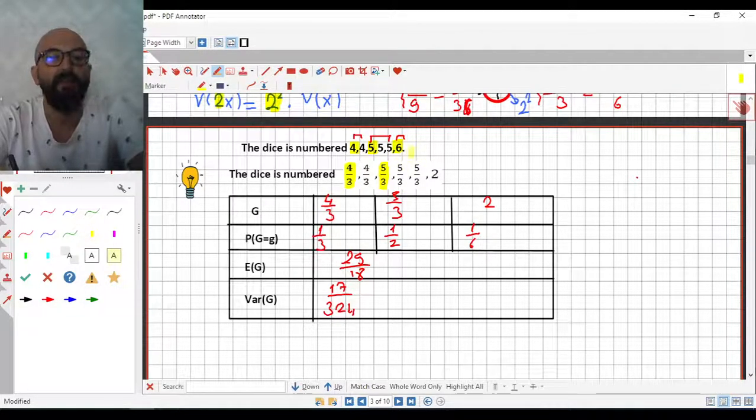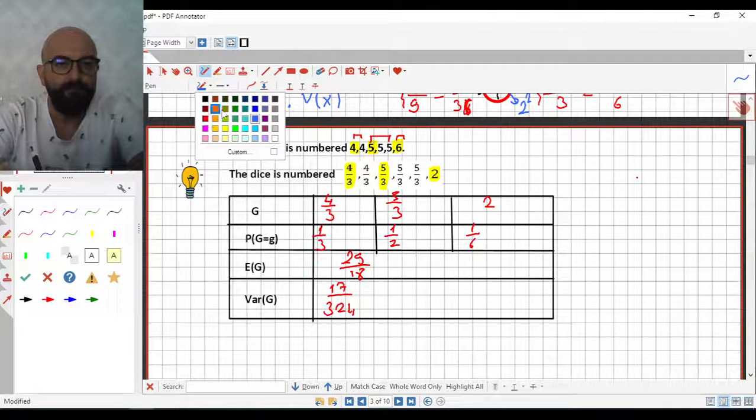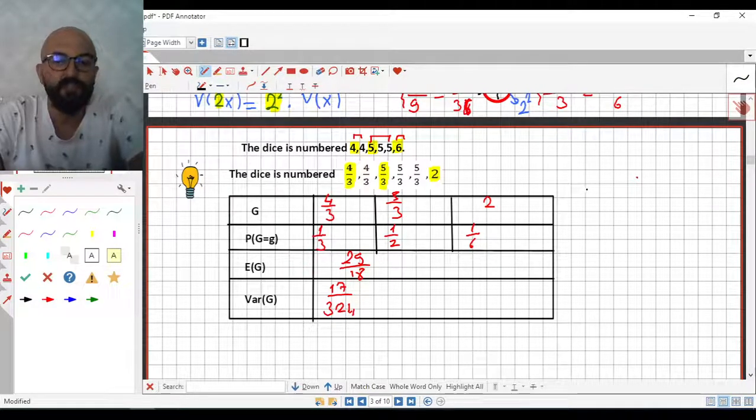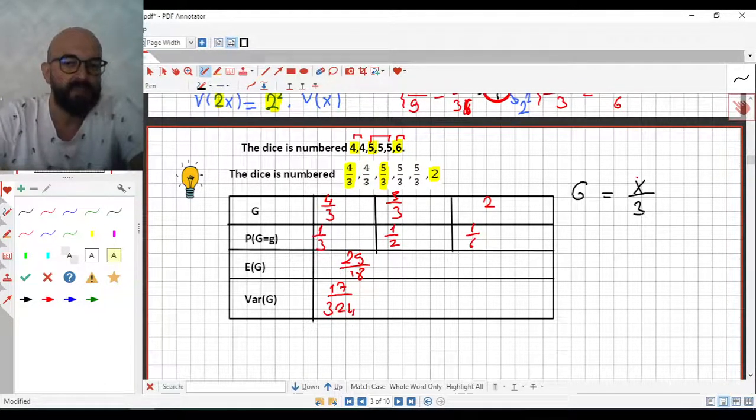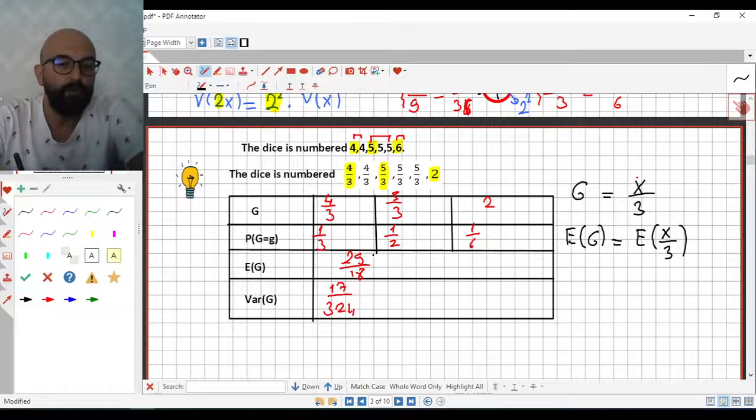And we had 6, now 6 over 3. G means X over 3. The expected value of G means the expected value of X over 3, and the expected value of G is 29 over 18.